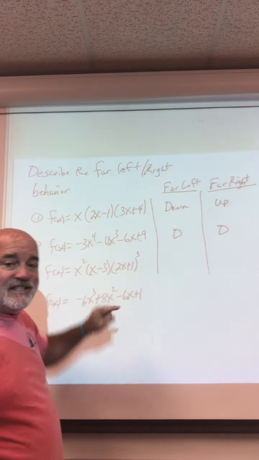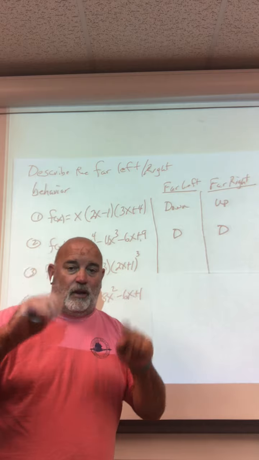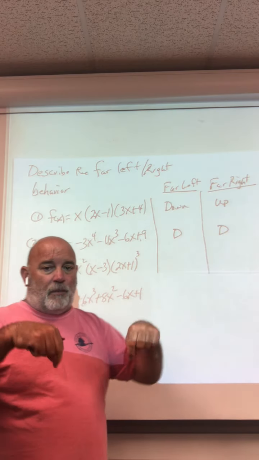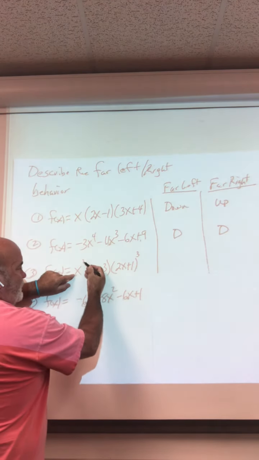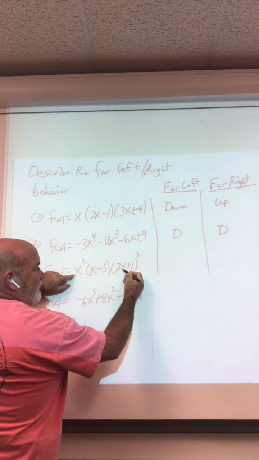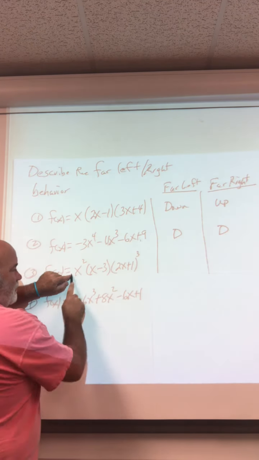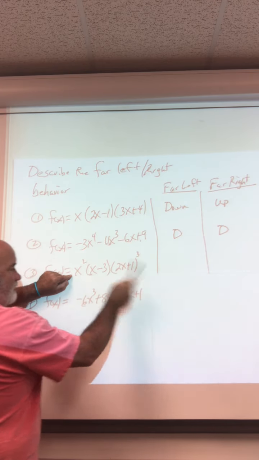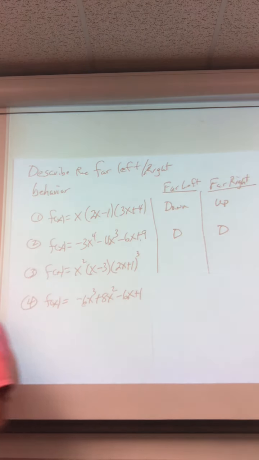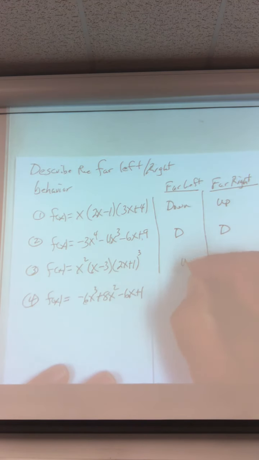So this is a sixth degree polynomial. That means both arms go up or both arms go down. So this is even degree, positive, positive, positive. So it's positive even. That means both of these arms will go up.